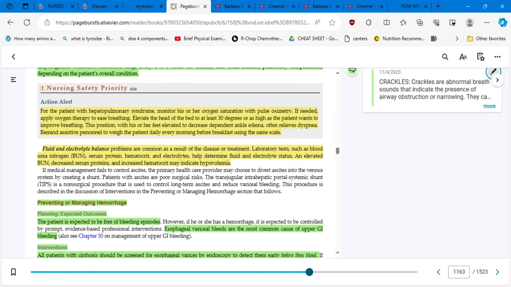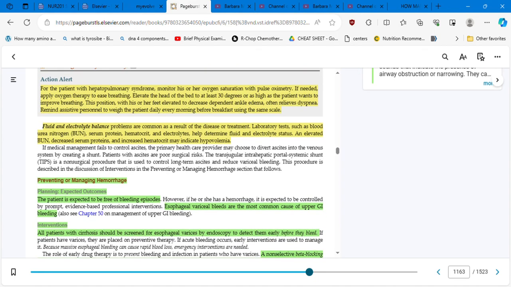Keeping the head of the bed elevated to at least 30 degrees is going to improve breathing. Okay. Positioning with his or her feet elevated to decrease dependent ankle edema often relieves dyspnea. Remind assistive personnel to weigh the patient daily every morning before breakfast using the same scale. Fluid and electrolyte imbalances are common.